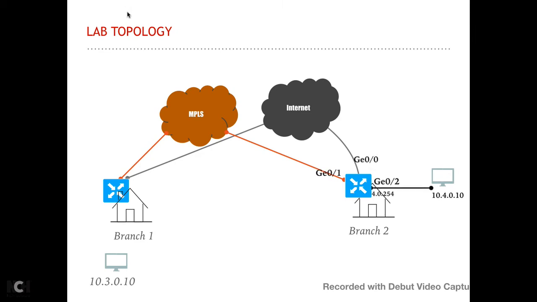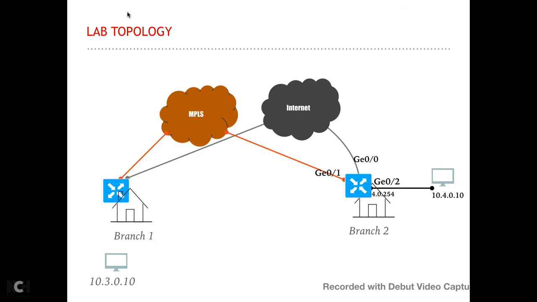Then branch 2, which is where we are going to inject the delay and generate traffic, has three interfaces: GigabitEthernet 0/0, which is the internet connected interface, GigabitEthernet 0/1, which is our MPLS connected interface, and GigabitEthernet 0/2, which is our LAN interface, running on VPN 10.